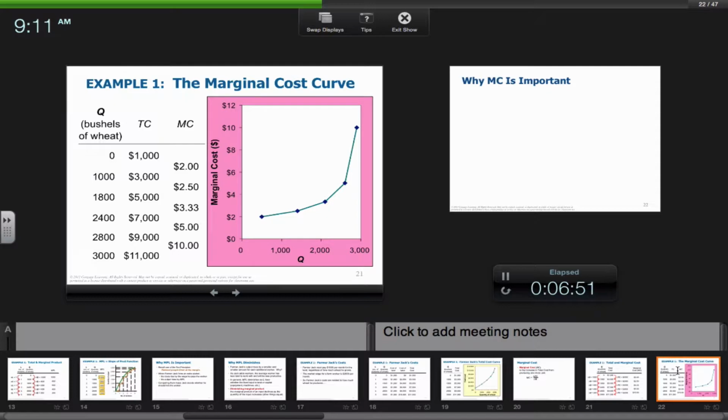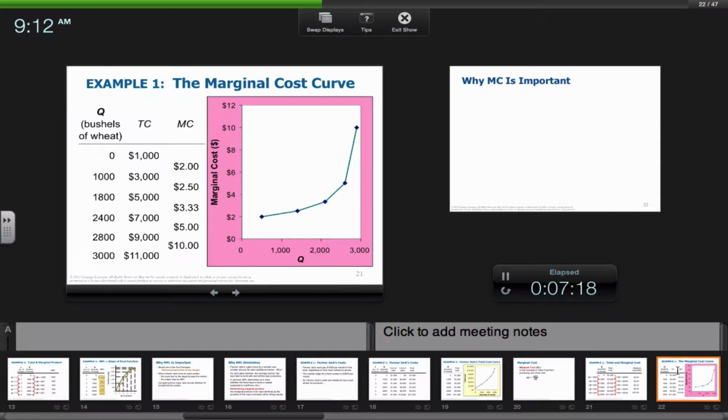So if you are a farmer, Jack, where do you stop producing more? Yeah, right about the $5 level, because to recoup the cost for producing those last 200 bushels, that's very expensive wheat to sell and actually make a profit on, correct?